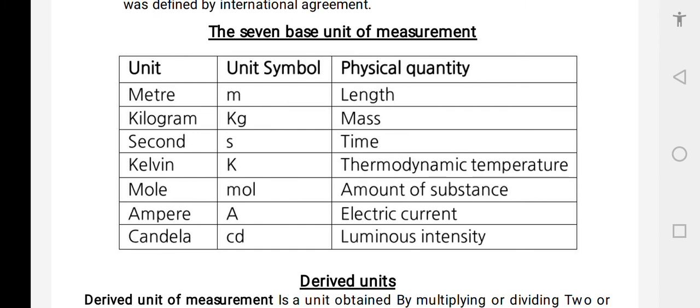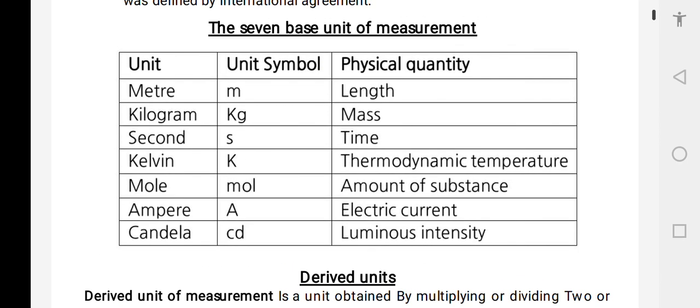So you really need to know the standard units so that you don't find physics difficult. If you don't know these things, you will find yourself in a very awkward situation where you are calculating, for example, work, force times displacement. If you are given displacement in centimeters, you need to convert it to meters.